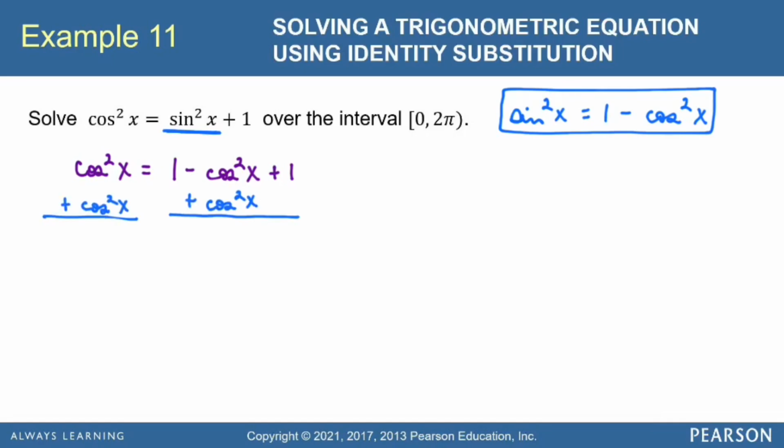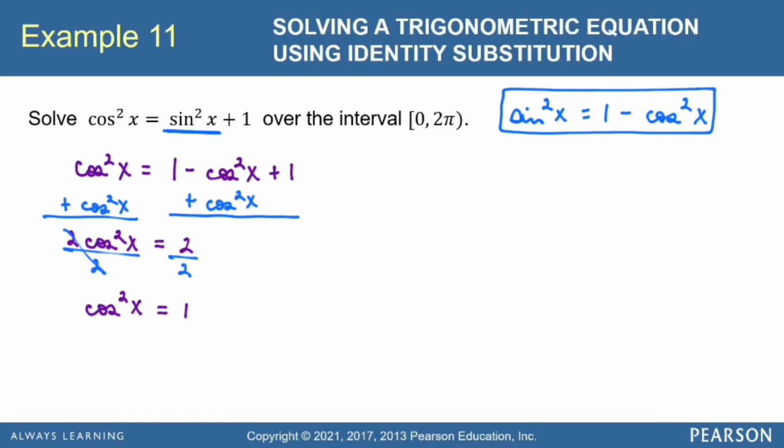So let's add cosine squared x to both sides. That would give us 2 cosine squared x on the left side, and on the right, 1 plus 1 is 2. Now since both sides contain a 2, why not divide both sides by 2, and that will eliminate the 2's and leave us with cosine squared x equals 1.